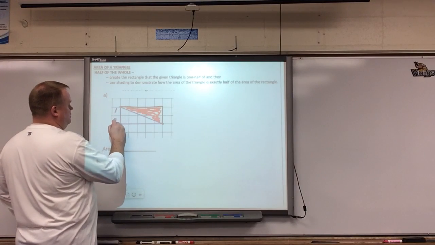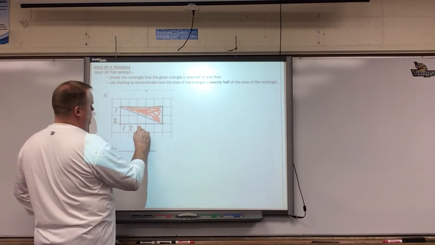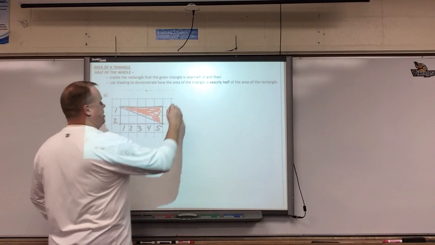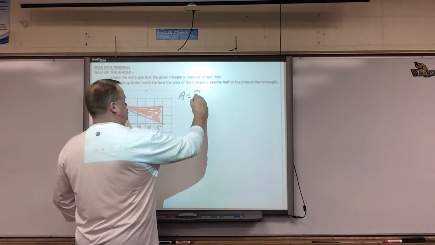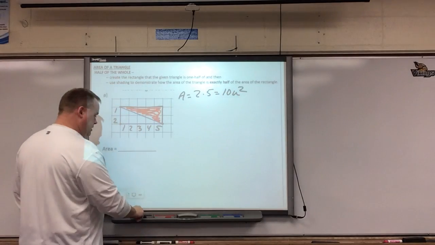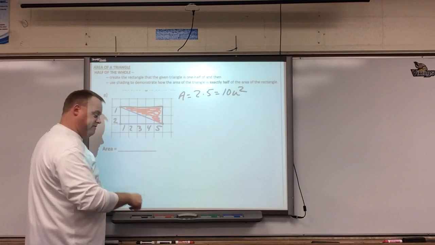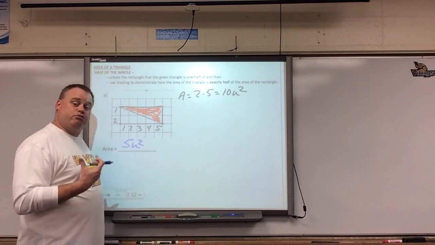I'm up 1, down 2, right? 1, 2, 3, 4, and 5. So the area is going to be 2 times 5, or 10 units squared. Now remember, I keep saying that it's going to be 5 units squared. I'm going to go ahead and write it over here. I want you to see that we're going to prove it.